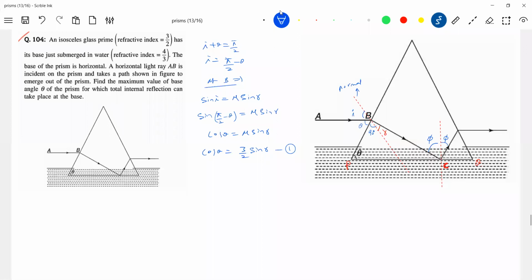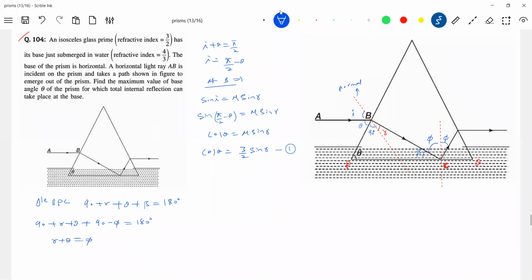What all can we write? This angle, let it be beta. So theta plus 90 plus r plus beta, from the triangle BPC: 90 plus r plus theta plus beta equal to 180. Beta is 90 minus phi. So r plus theta is equal to phi.